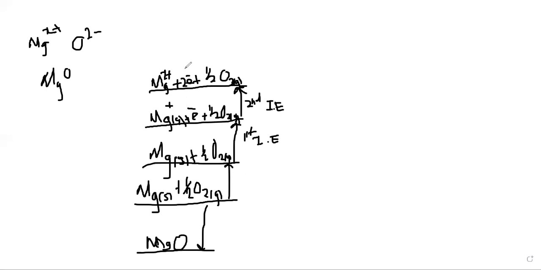Once that is done, the magnesium atom has lost the required amount of electrons, which is 2. So now it's time to atomize oxygen.